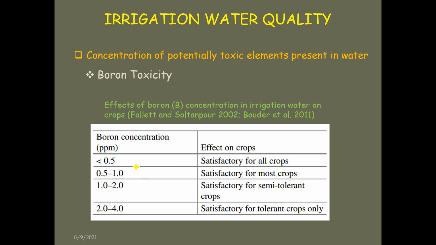As you can see in this chart, if boron concentration is less than 0.5 parts per million, that is satisfactory for all crops. If it lies between 0.5 and 1, that is satisfactory for most crops; a few crops get affected. But we can see from this chart that a small amount of boron is essential for plants. If it exceeds the permissible limit, it starts creating problems for the plants.